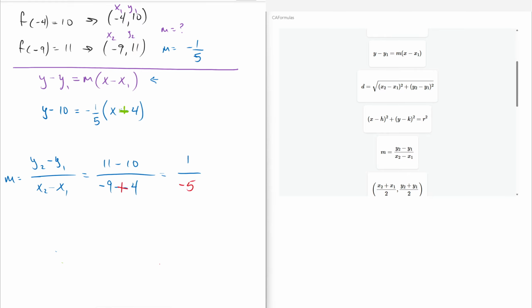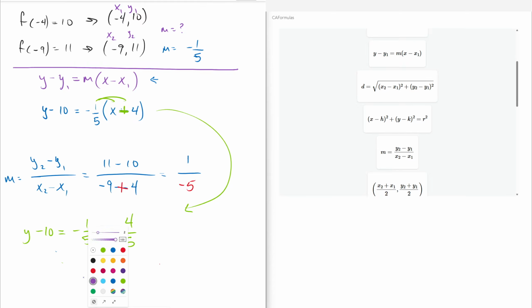Two negatives back to back are going to give me that plus sign. And then from here, we are going to distribute. -1/5 x minus 4/5. -1 times 4 is a -4, and since the 5 is on the bottom, it stays on the bottom. Last but not least, we need to add 10.